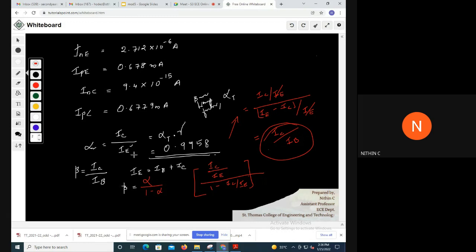You just remember this expression if you cannot derive it. Beta is equal to alpha by 1 minus alpha.